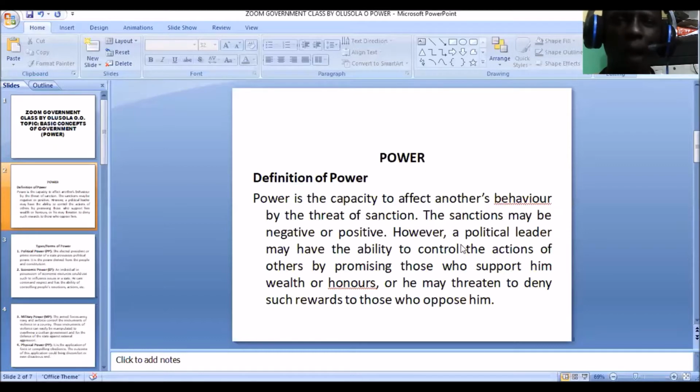If you don't do this, I will show you, and so on and so forth. That is power. The concept of power is a common phenomenon that people experience in their everyday lives, in their everyday activities. In school, a senior student bullies junior students.